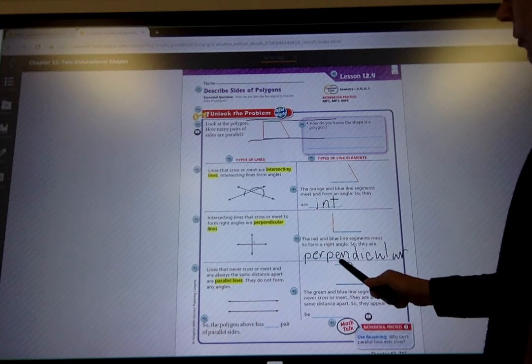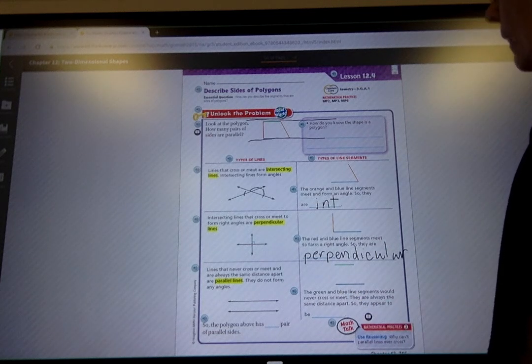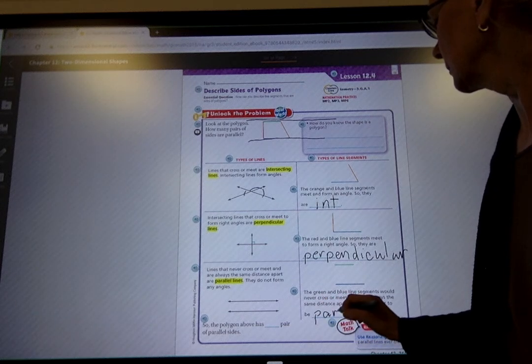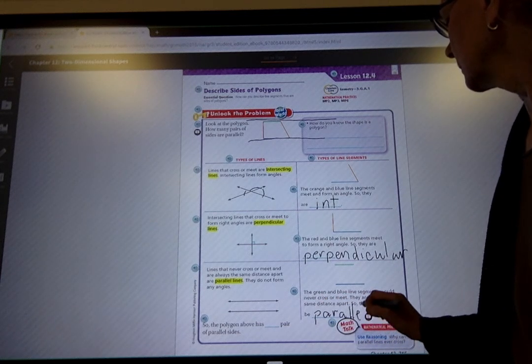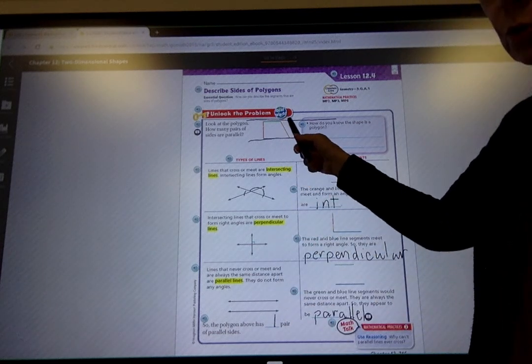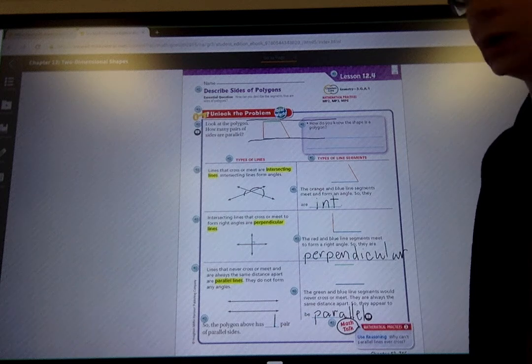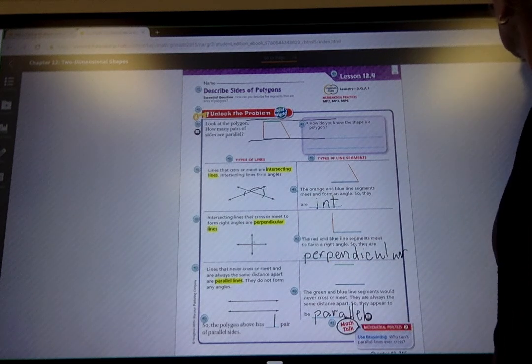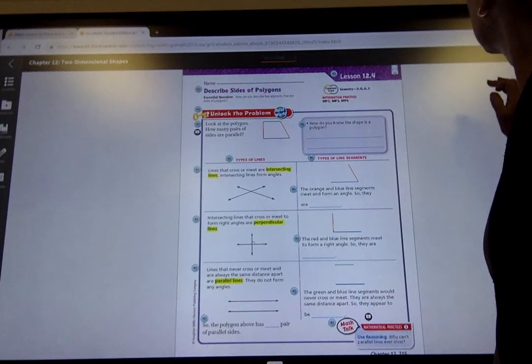The blue and the green lines. Those are parallel. And there's only one pair. There's two lines, but two lines together make a pair of lines. One pair of lines. Okay, let's take a look at the next page.